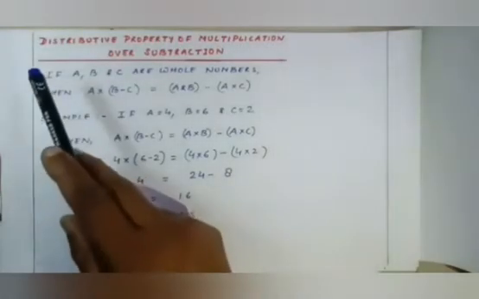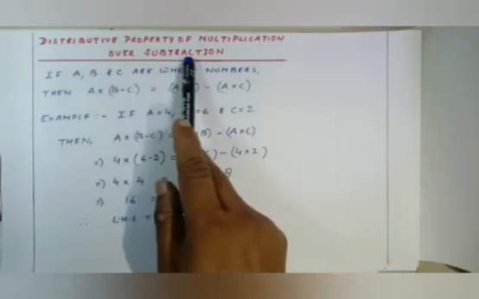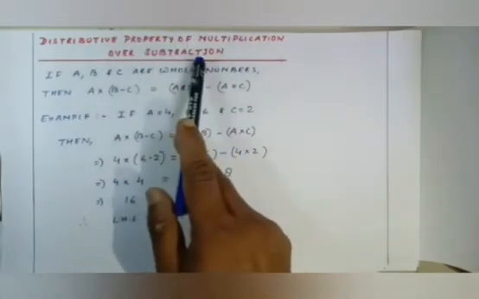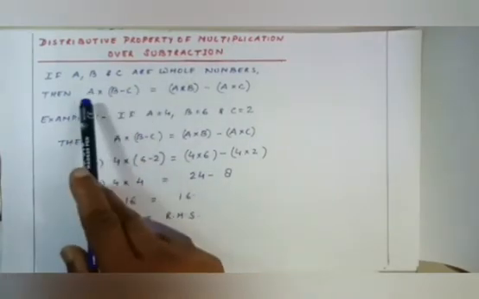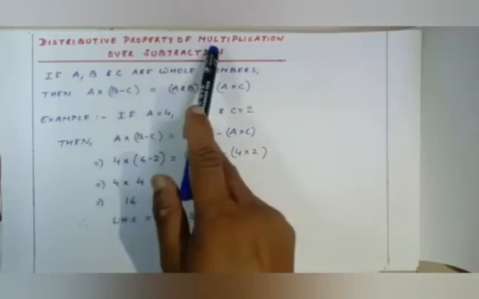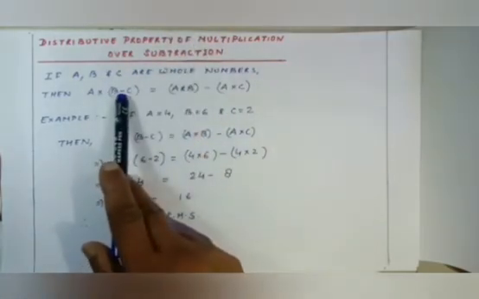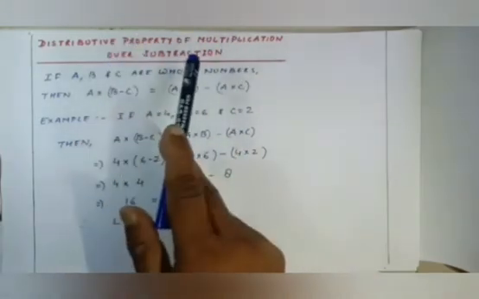Let us see another property, that is distributive property of multiplication over subtraction. Why is it called distributive property of multiplication over subtraction? Just because of the minus sign over here. Previously there was a plus sign, that is why it was called distributive property over addition, but over here there is a minus sign, so it is called distributive property of multiplication over subtraction.